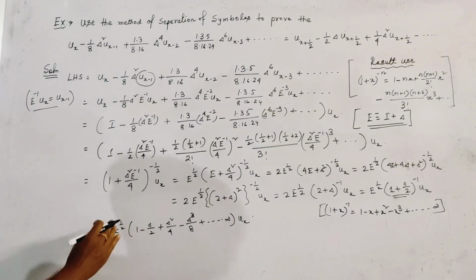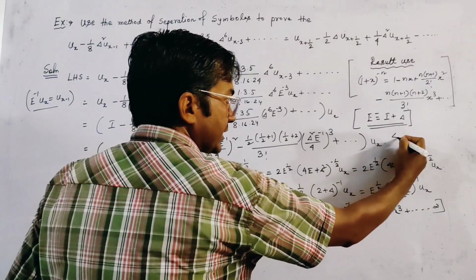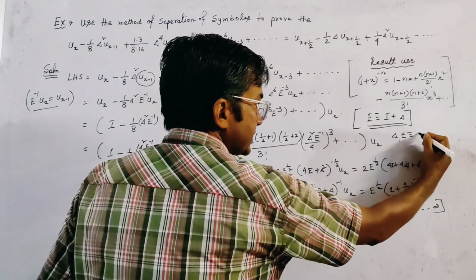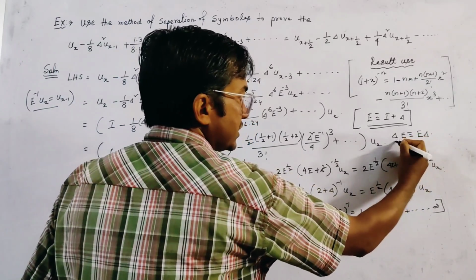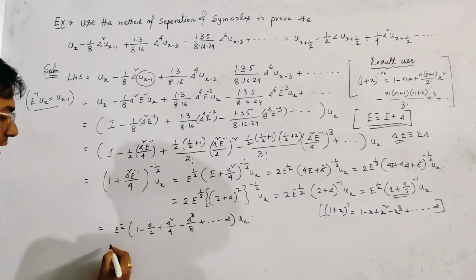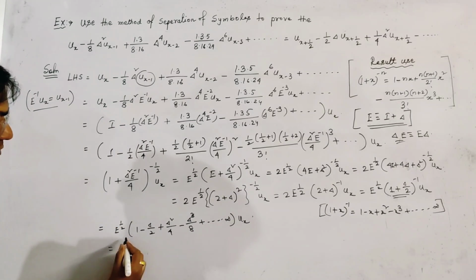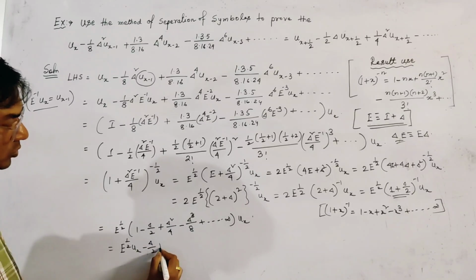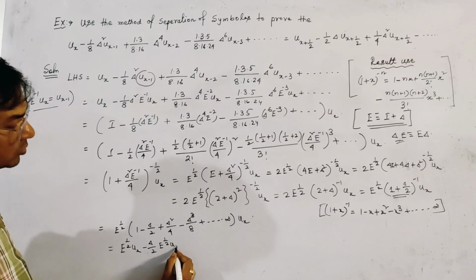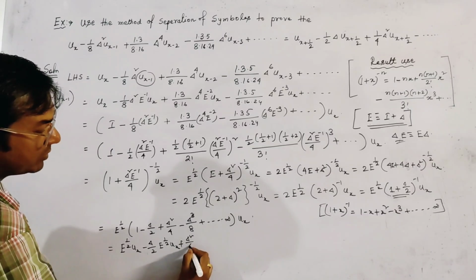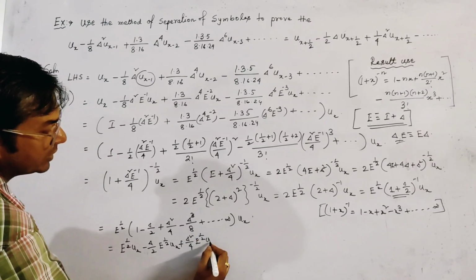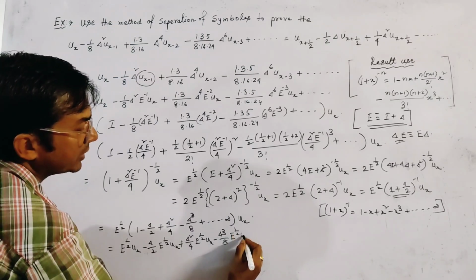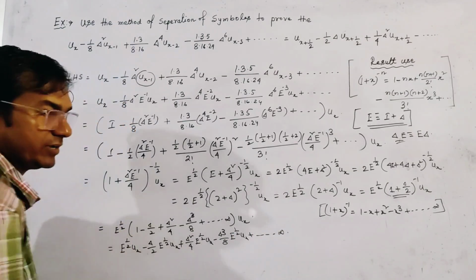Now using the commutative property of delta and E, that is E delta equals delta E, we write this relation as E to the power 1/2 u_x minus delta/2 E to the power 1/2 u_x plus delta squared/4 E to the power 1/2 u_x minus delta cubed/8 E to the power 1/2 u_x and so on to infinity.